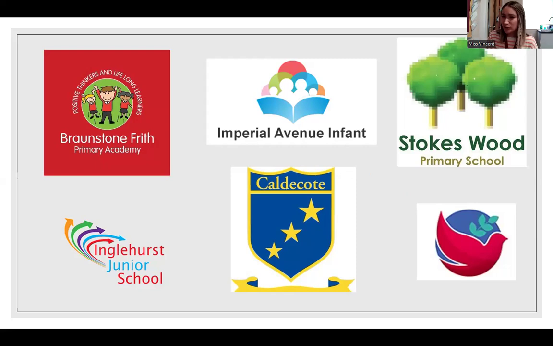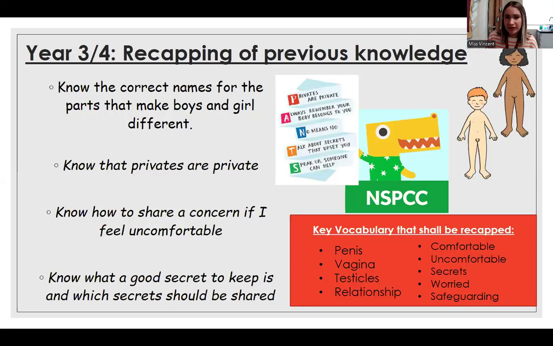It's just to put your mind at ease that whether your child's at another school down the road, Stokes Woods perhaps, we'll all be learning the same things. All of the objectives are the same. The only thing that will be different is the individual teacher or slight changes in how they deliver that. So we know that everyone's consistent and everyone's learning the same thing within Year 3 and 4.